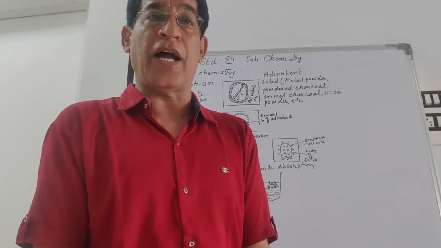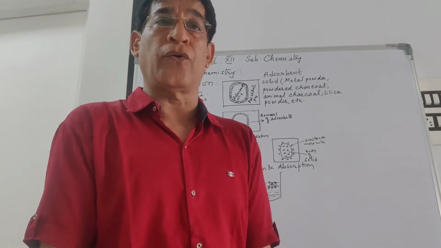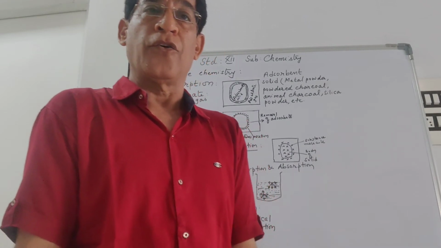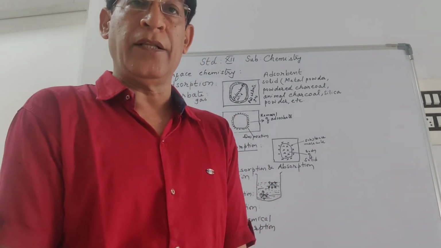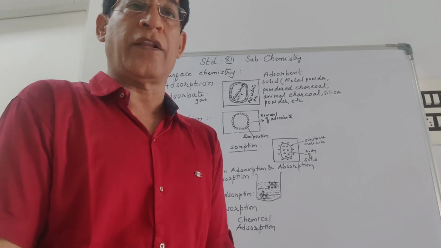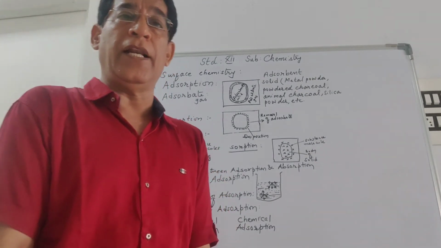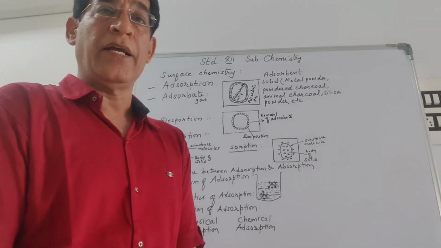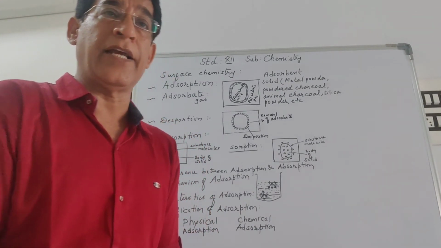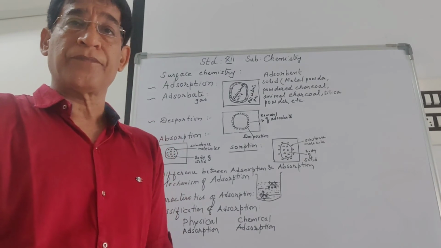This type of adsorption is also known as physisorption or van der Waals adsorption. It can be easily reversed by heating or decreasing the pressure.